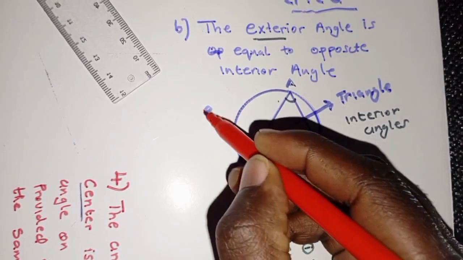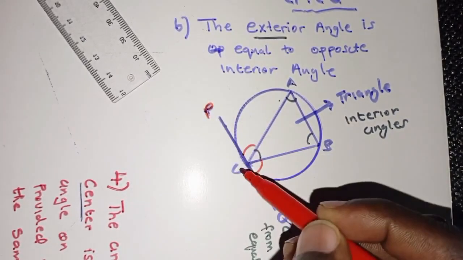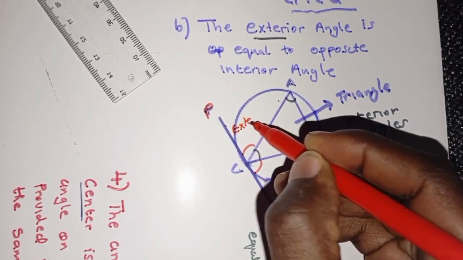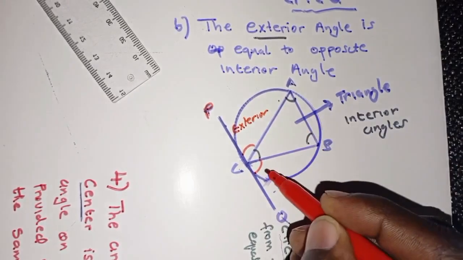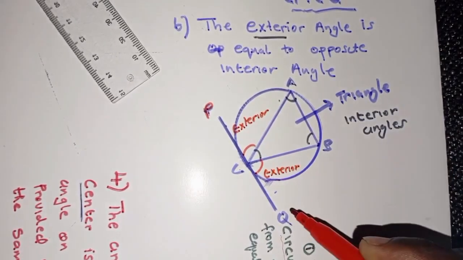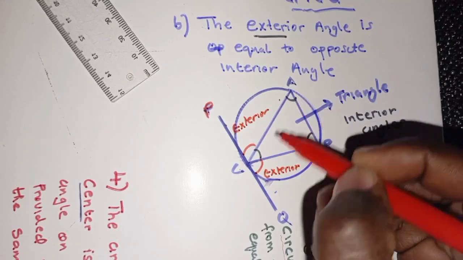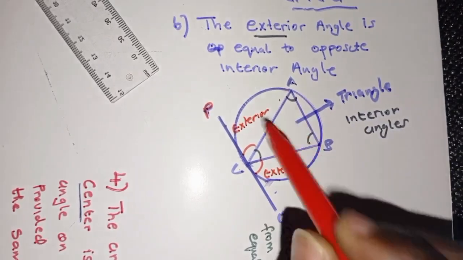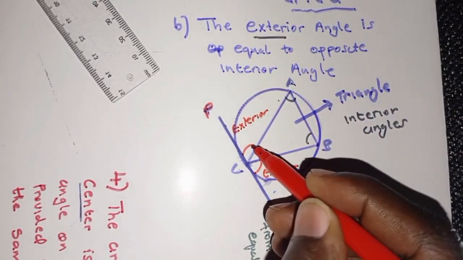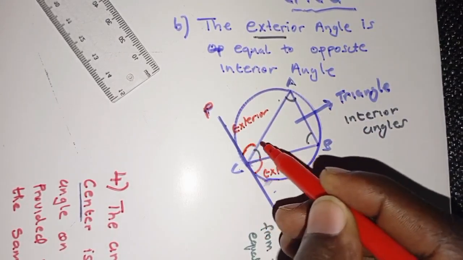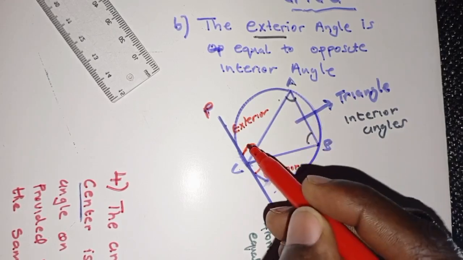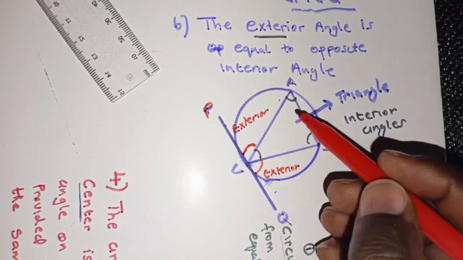So you have P here, so angle PCA is exterior. This one is exterior, also this one is exterior. But these three are all interior angles. So we're saying the exterior angle is equal to the opposite interior angle. So this exterior angle is equal to the opposite interior angles, meaning this one will be equal to these two.